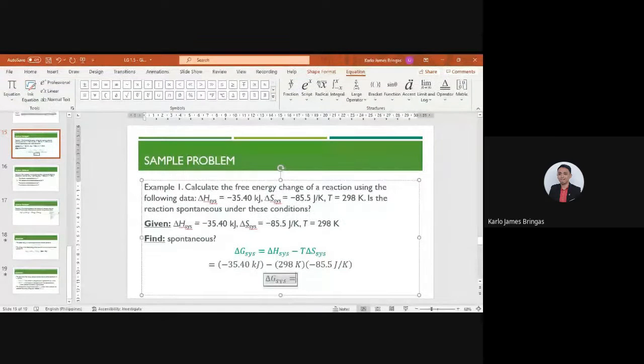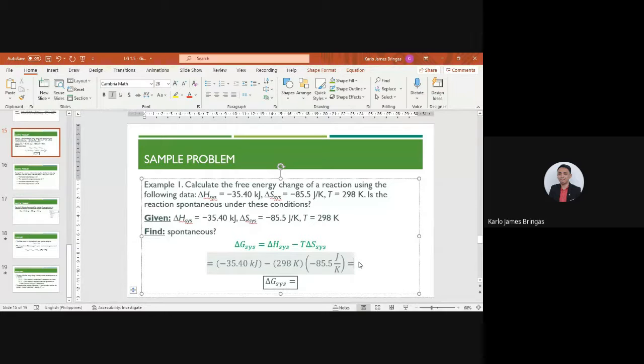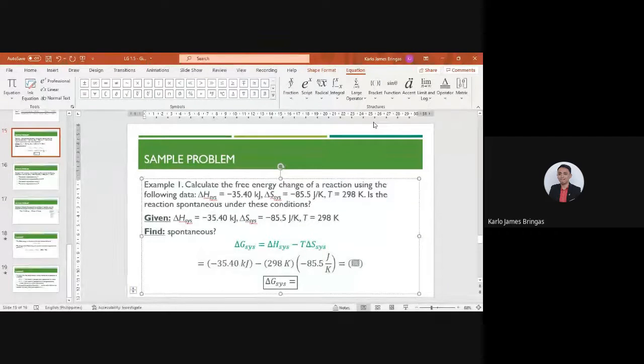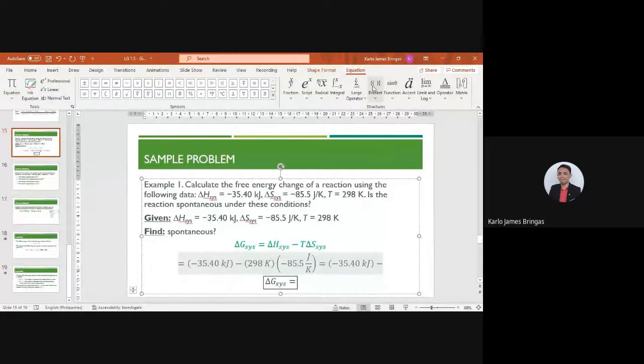So in here, if I multiply the second term to each other, what I'll get is the following. So I have negative 35.4 remains as it is, minus the product ng second term.